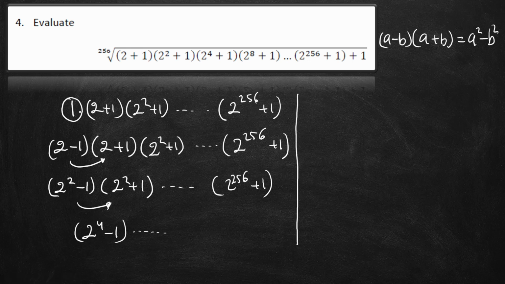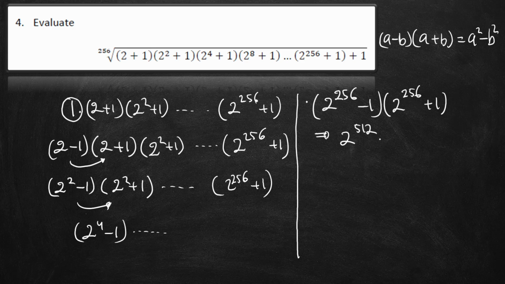So I'll make it short. At the end we will get 2 power of 256 minus 1, multiplied by the last one, 2 power of 256 plus 1. So we will get 2 power of 512 minus 1.